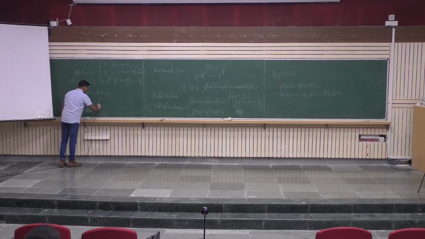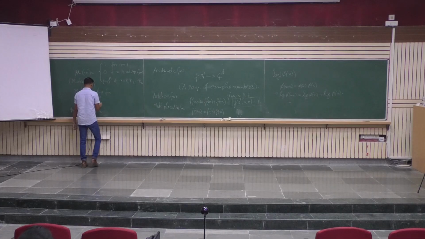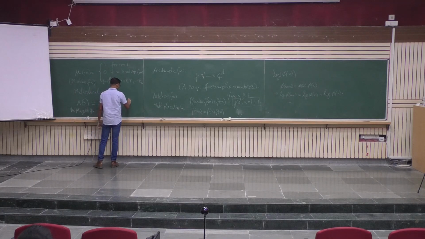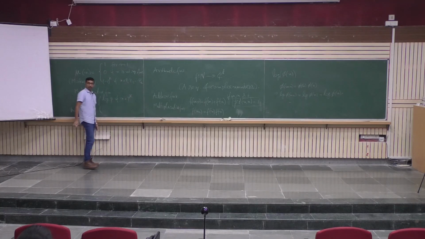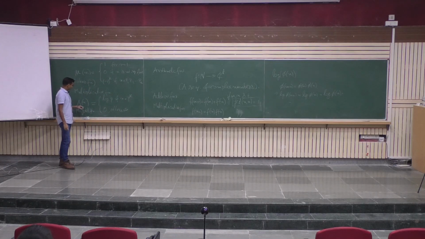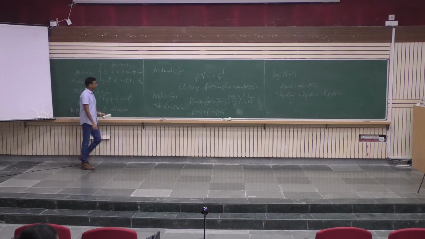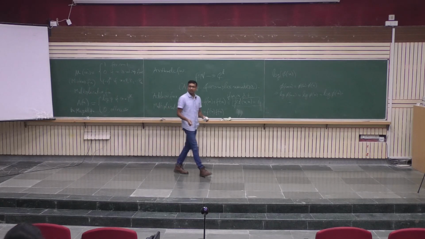So this is defined as log p if n is a power of some prime p and 0 otherwise. So for every n which is a power of a prime, this function is log p, otherwise it is 0. Okay. Any questions?